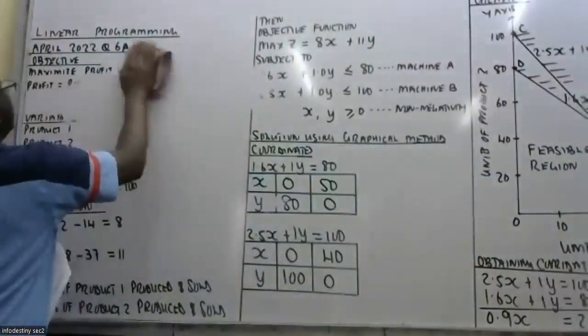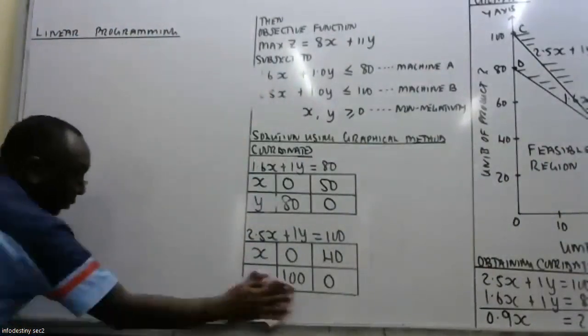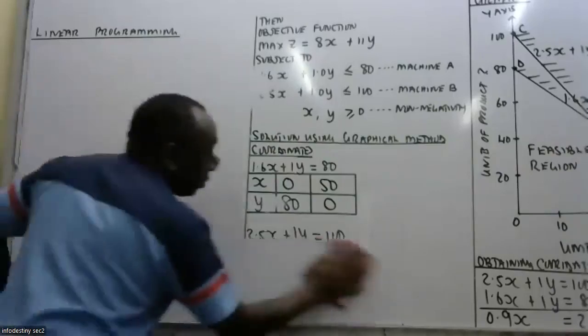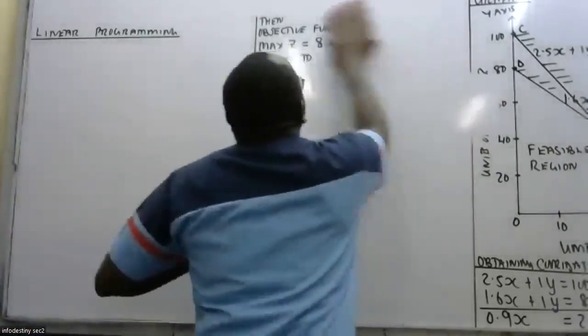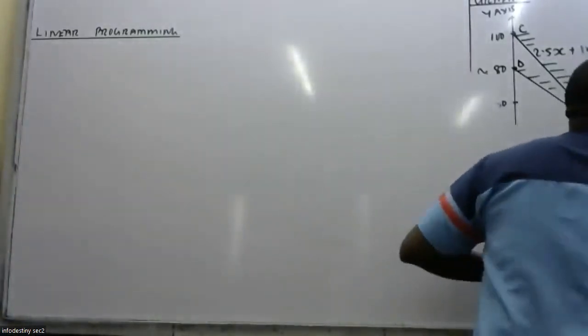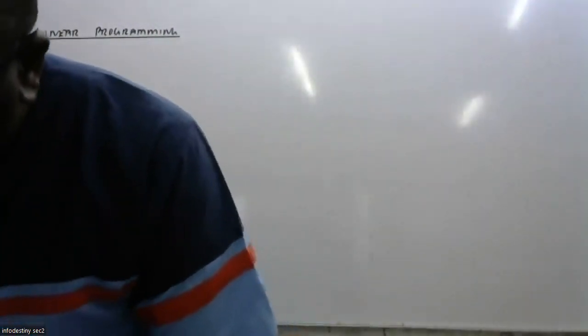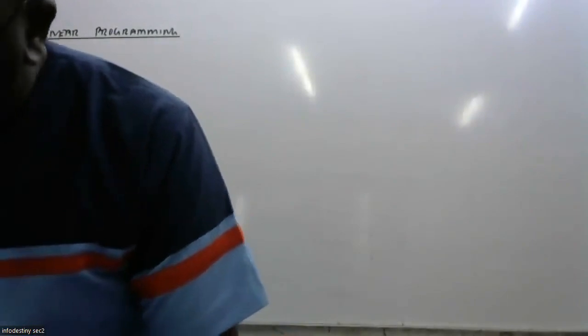Go to November 2019. November 2019, I think is question 5B.